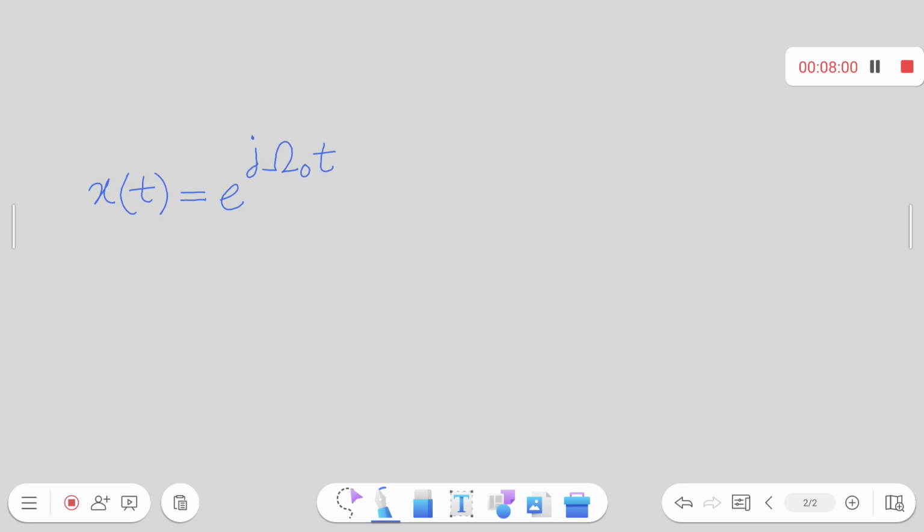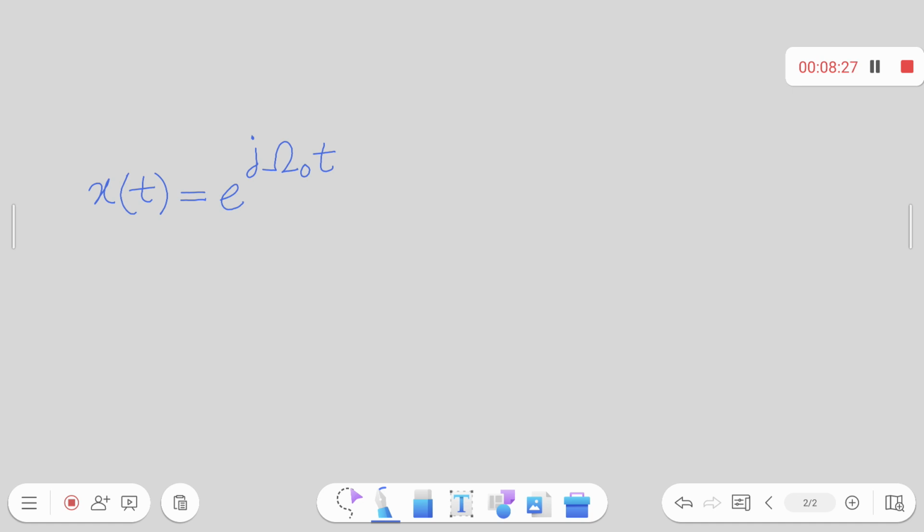So it's a complex sinusoid. You can also add some scalar factor outside, that means A times e to the power j omega naught t, but it doesn't make any difference. So what I want to emphasize is that x of t, the signal that I am going to apply now, is not regarded as the weighted summation or weighted accumulation of the impulse and its delayed version. Rather, it's a complex sinusoid, e to the power j omega naught t.